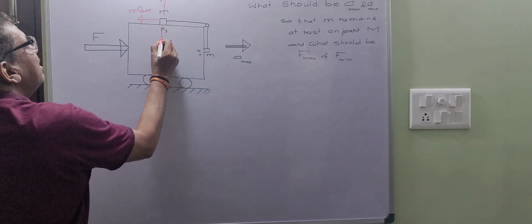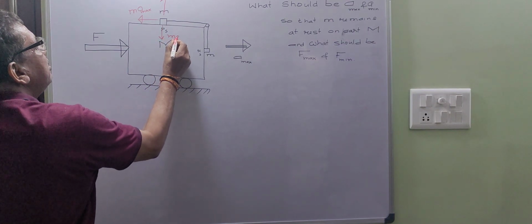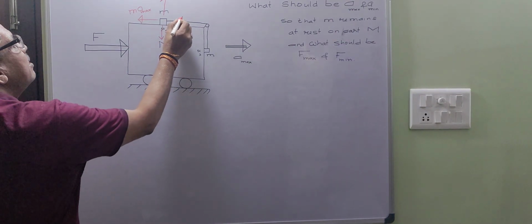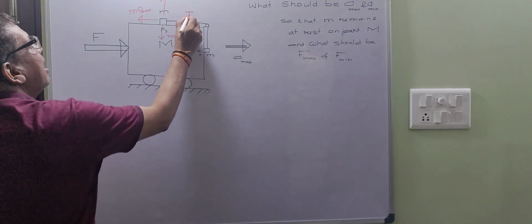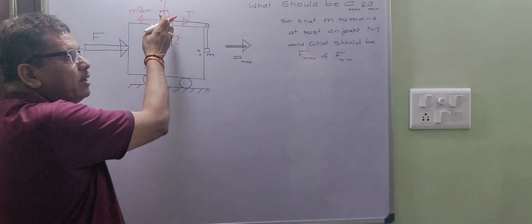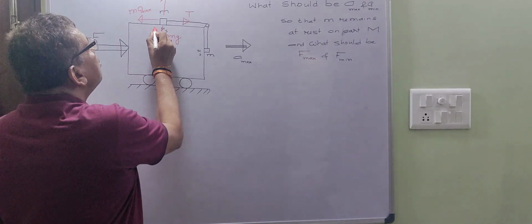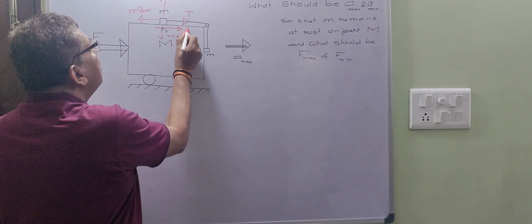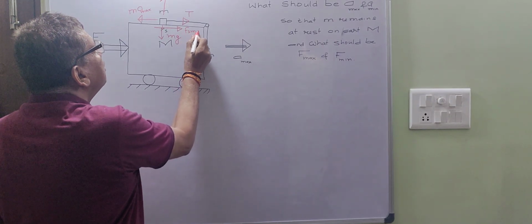Its weight is acting in downward direction, mg. Now you will observe tension will act in rightward direction, and since at maximum acceleration this will remain at rest but will have tendency to move leftward, frictional force will act in this direction. I can write Fs max, is it?